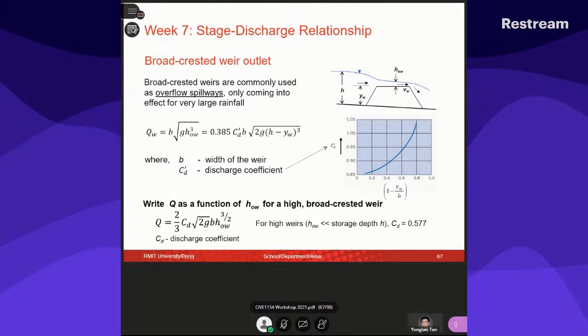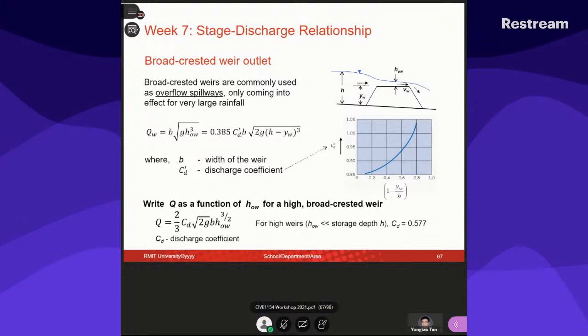Here I listed two equations to calculate the broad crested weir outlet. These two equations are similar, but the difference is they use different discharge coefficients. In the older versions it was called the weir coefficient, but after further checking I found that it's not correct, so we changed it to the discharge coefficient.